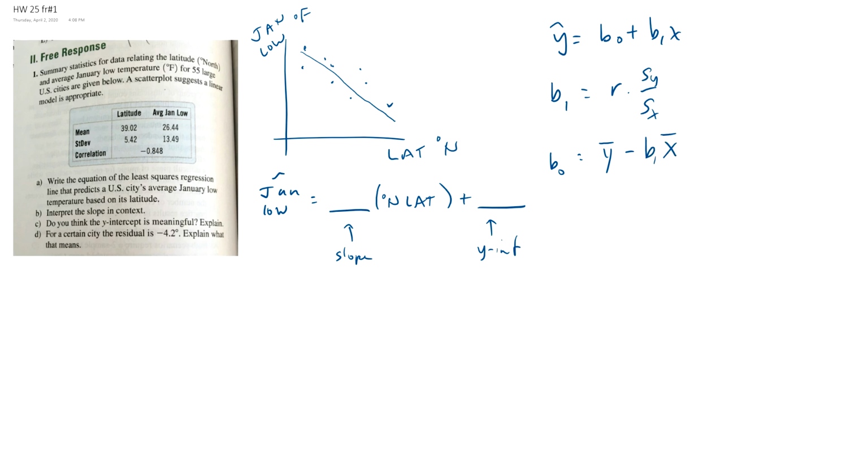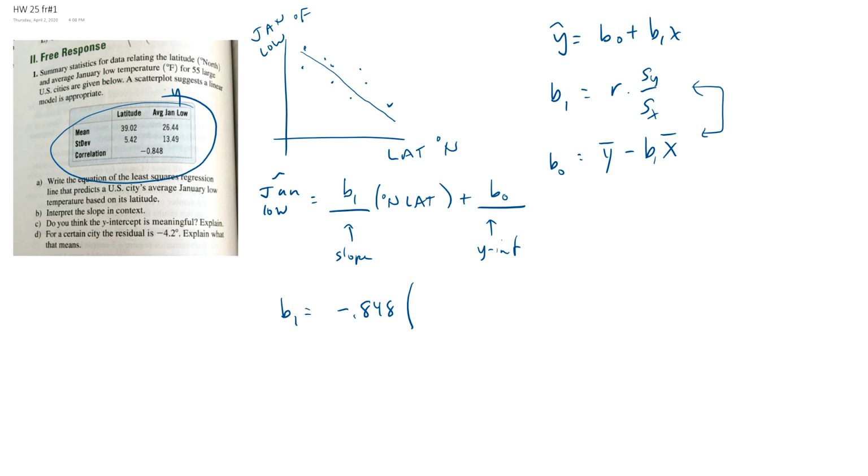Okay, so these are formulas knowing the summary statistics. I can just plug them into these two equations and figure out what B1 and B0 are, and B1 is the slope and B0 is always going to be the y-intercept. So if we do that real quick, B1 is R, negative 0.848, times Sy.